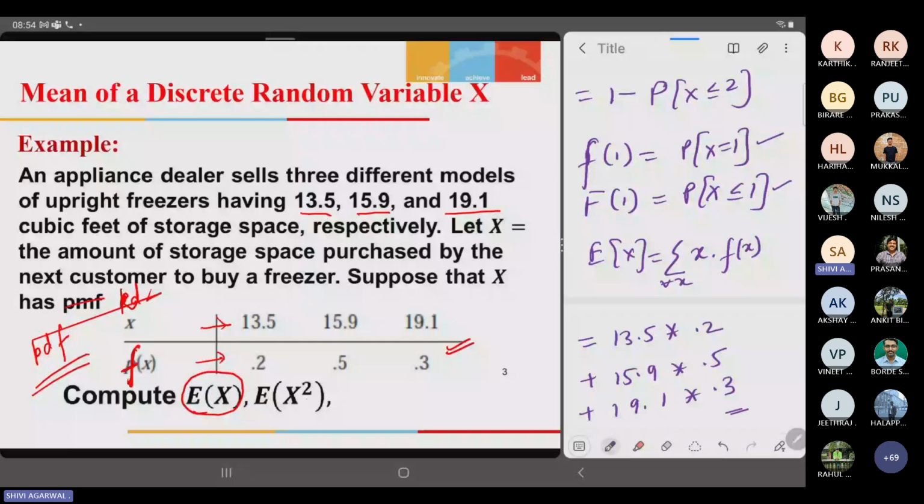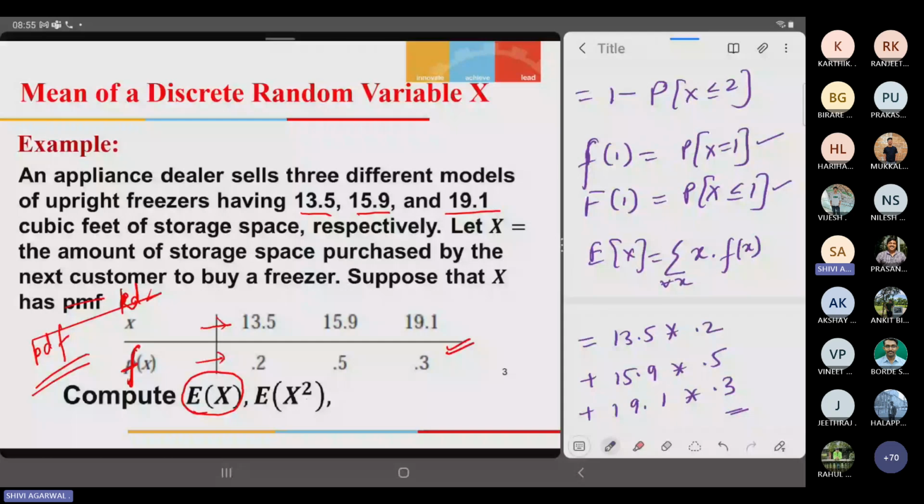That is a direct formula you can apply to find the expected value of x. Is it clear to all of you?